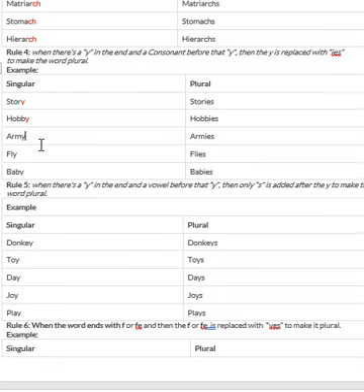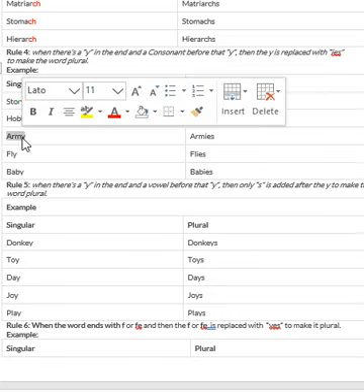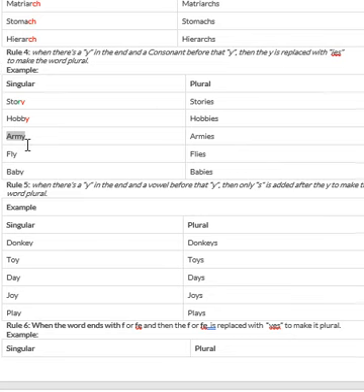In the same way, in the word army there is y in the ending, but before y there is a consonant. We will put ies, armies to make it plural. Fly becomes flies. Baby becomes babies. I hope this is very easy for you to understand.